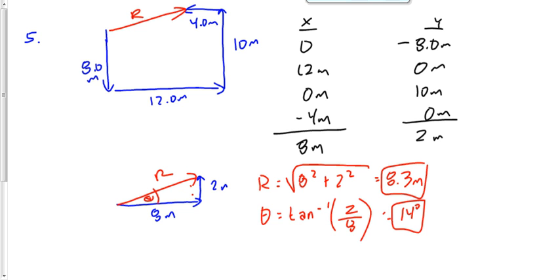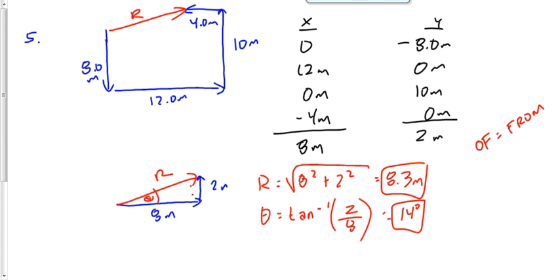So we're going to either express this 14 degrees as east of north or north of east. How do I know which one to express it as? Let's replace the word of with from. So if I say east of north, that really means east from north. Or if I say north of east, that really means north from east.